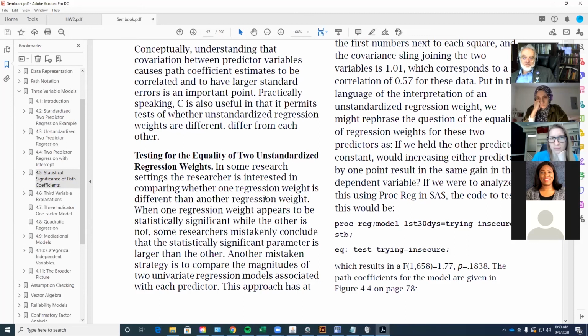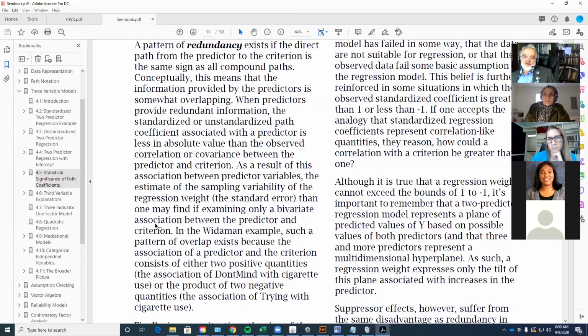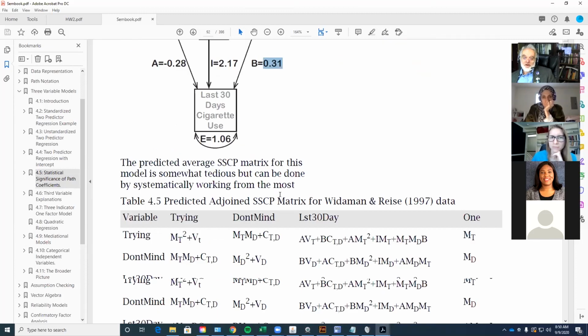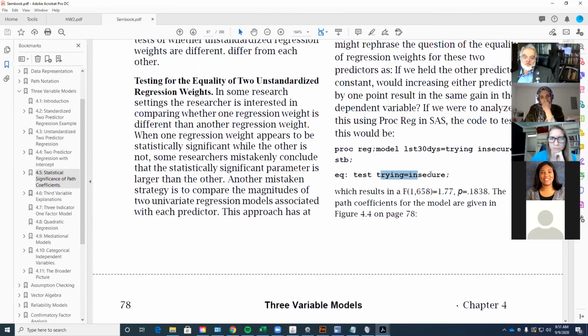That's a separate hypothesis. In our structural equation modeling language, if we want to test for the equality of regression weights, we come upstairs and we fix this number to be equal to that number. If we're using a regression program like lm or PROC REG, there's code in there that will let you say, please test the model that these two regression weights are the same.